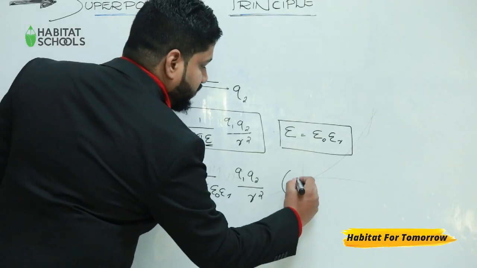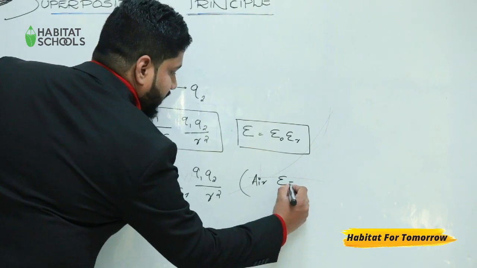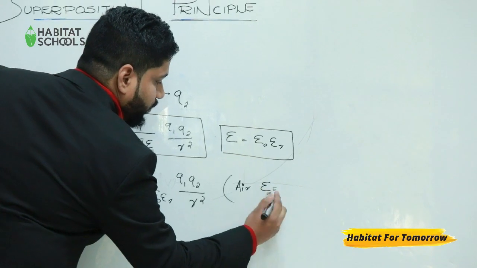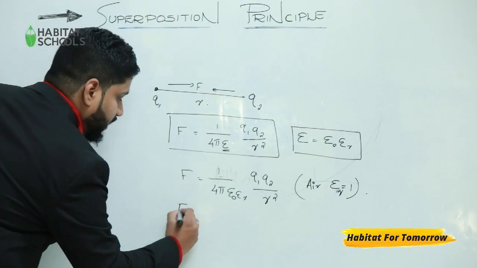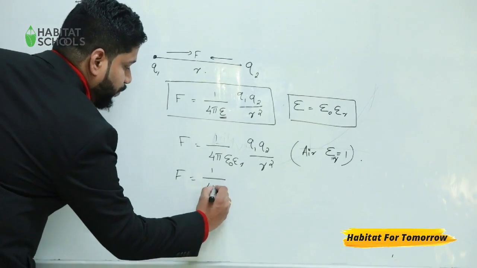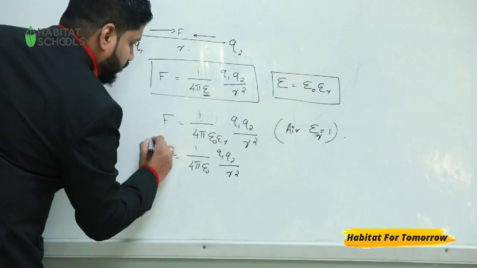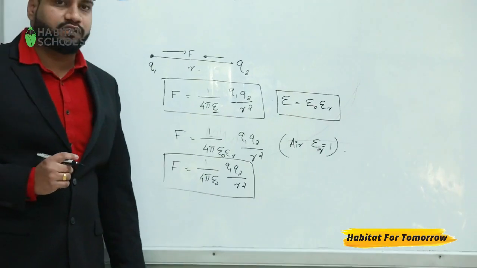In case of air, epsilon r is equal to 1. Then this equation is F is equal to 1 by 4 pi epsilon 0, q1 q2 divided by r square. This is the mathematical expression for Coulomb's law.